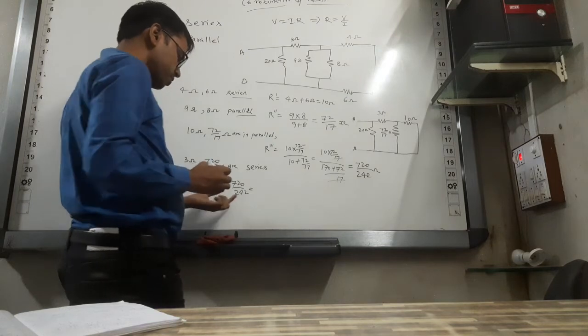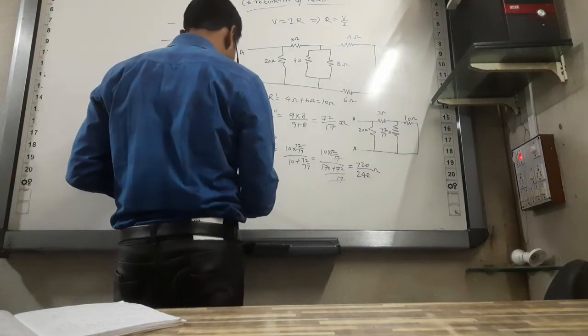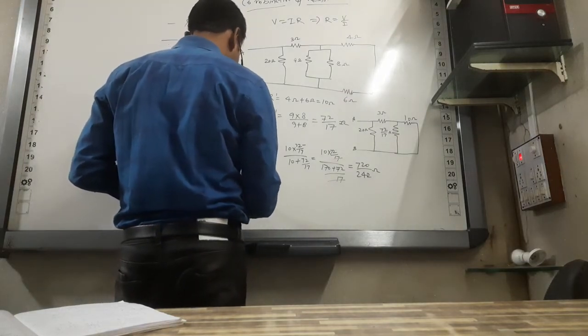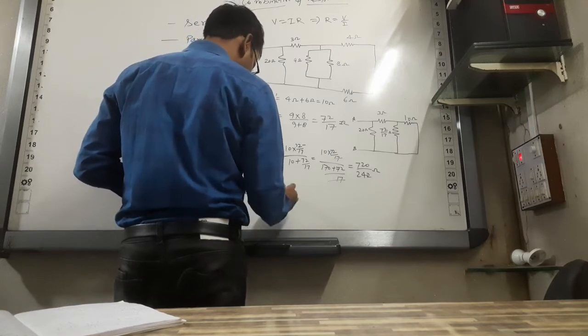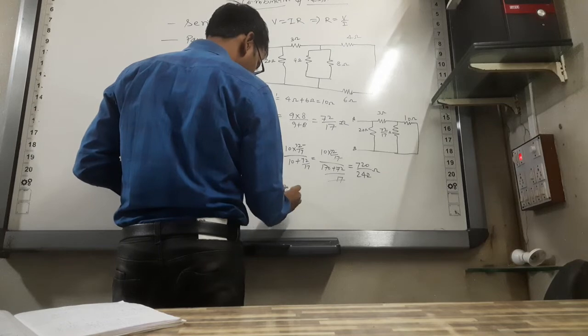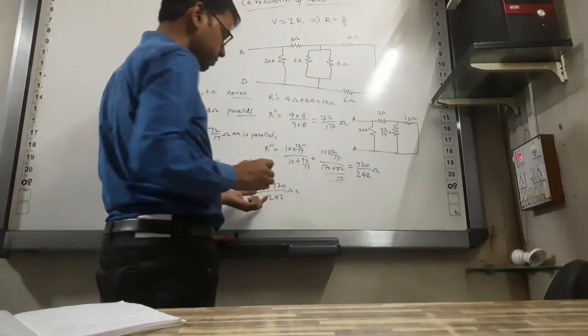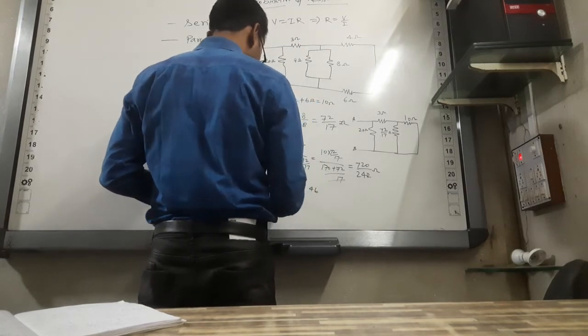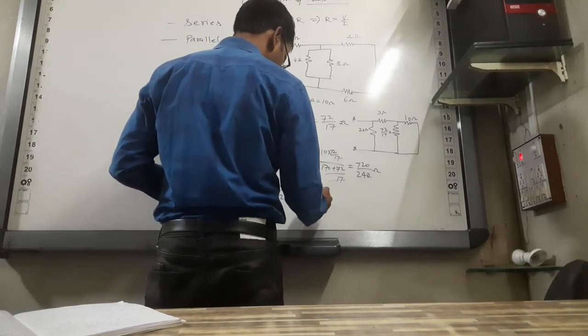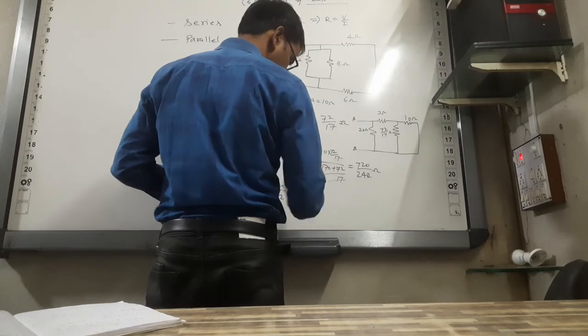This becomes 726 plus 720 over 242, which is 1446 upon 242.